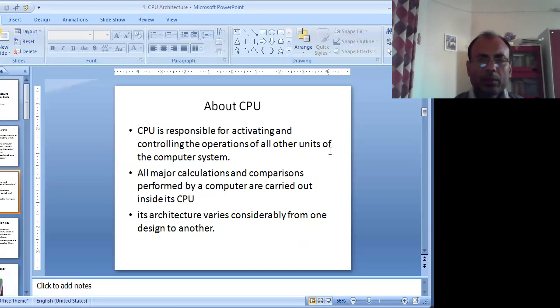Whatever operations are performed inside the computer, the CPU is responsible for activating and controlling all the operations of all the units of the computer. Whatever calculations are performed during execution are performed by the internal components of the CPU, and its architecture varies from one design to another.